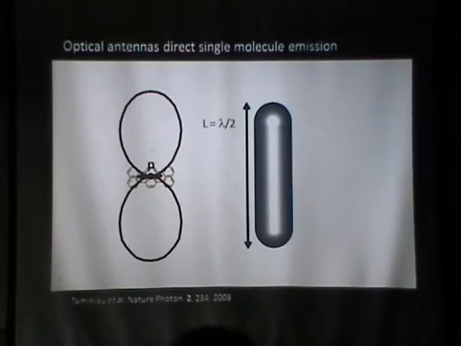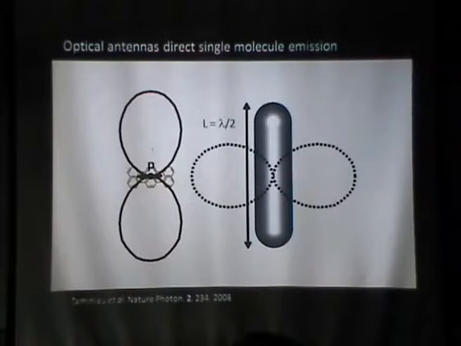If we take a look at how this molecule scatters light, when it's resonant along its main axis, we will see it scatters light also like a dipole, but with the opposite direction, so 90 degrees rotated with respect to this molecule. So now what happens if we put that molecule here?